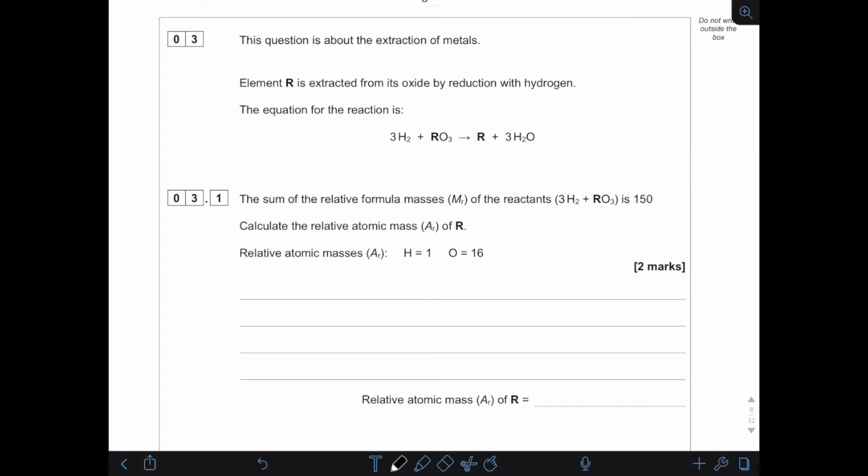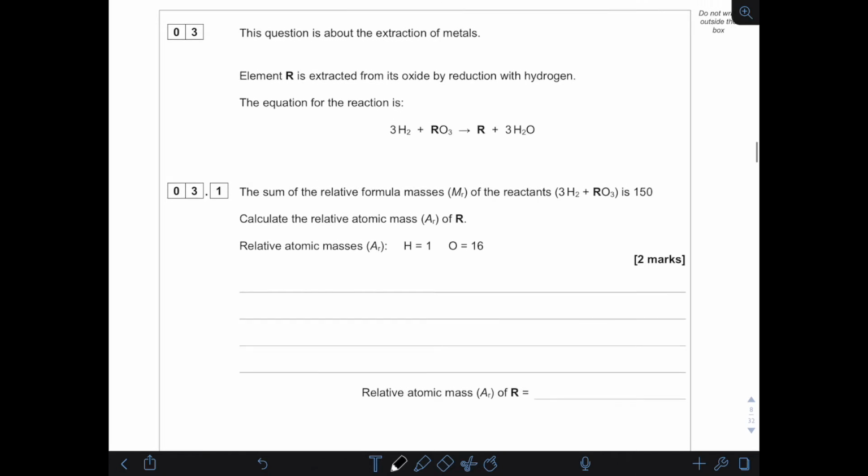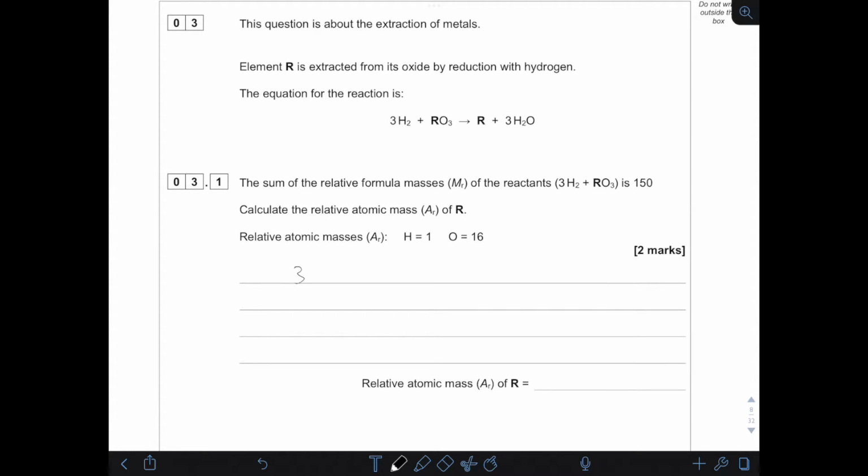Question 3 is extraction, actually. So that's element R, which is being reduced from the oxidized form, and we need to calculate the relative atomic mass of R. So we know that 3 lots of H2, which is 1 plus 1, or 1 times 2, plus R plus 3 lots of O, which is 3 lots of 16, is equal to 150.